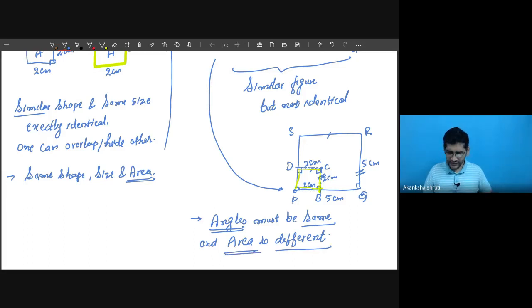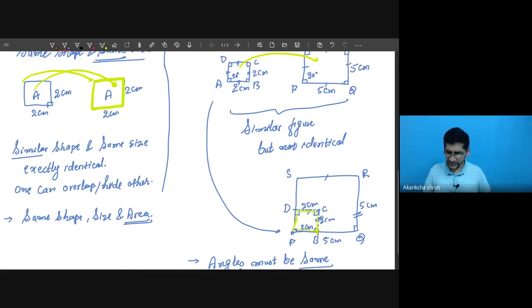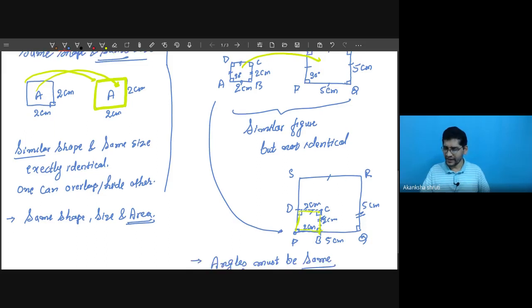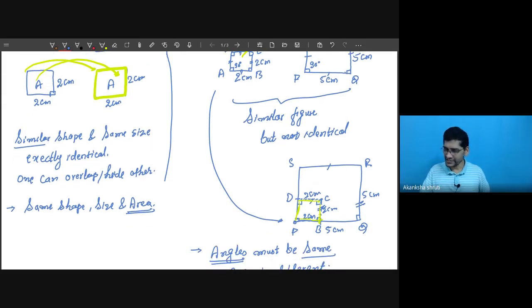The another important thing that we are observing is that the side length, if we are arranging one of the figure along the one of the side, then their other side length, they will be parallel and the ratio is maintained.